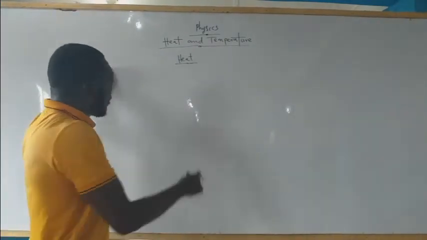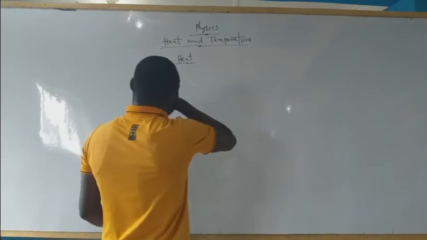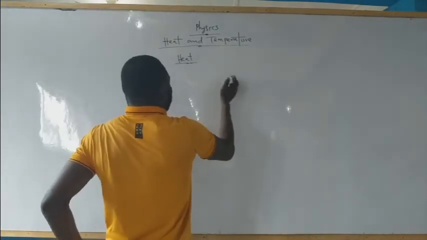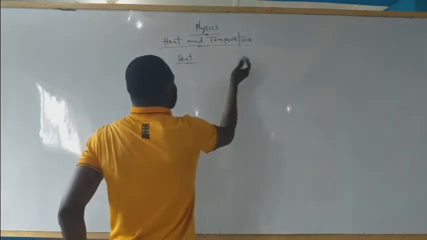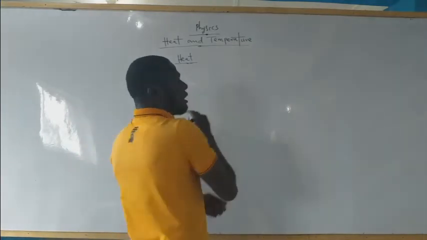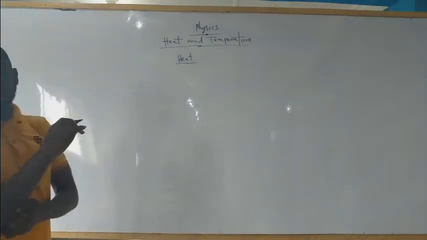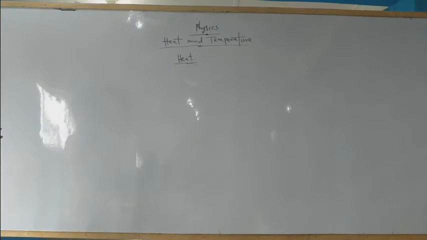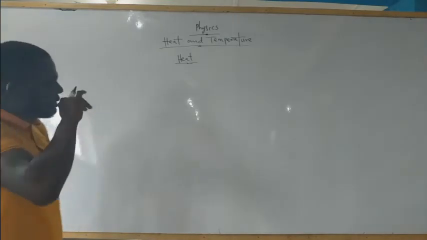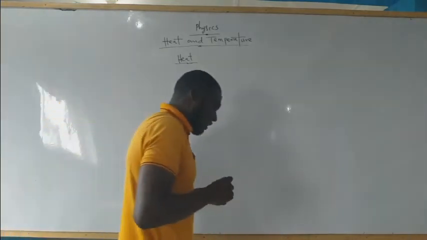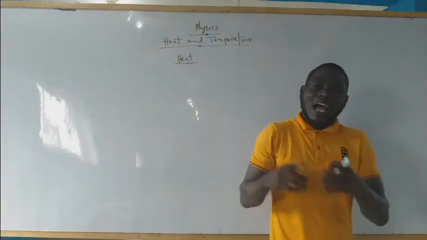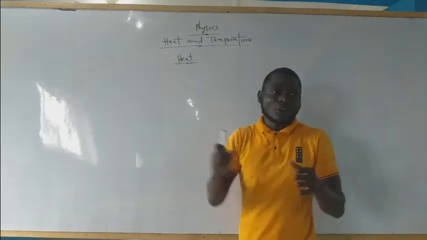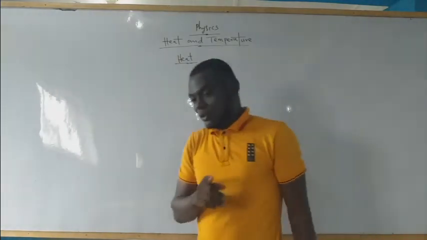Heat is measured in joules, or in calories. Why? Because the calorimeter is the name of the instrument, the apparatus, used for measuring heat. Take note.